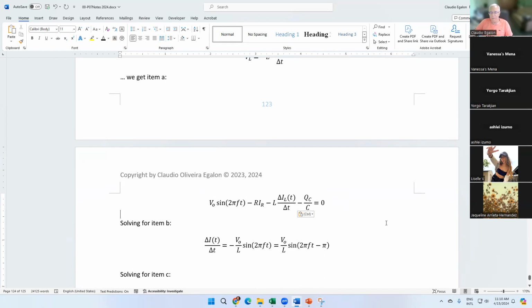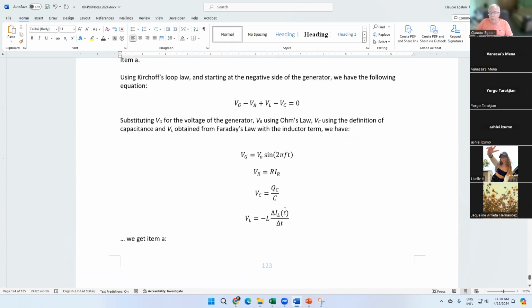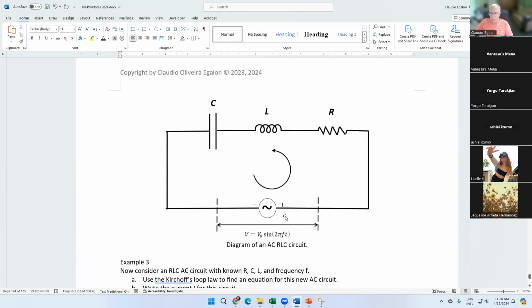So this equation, we have to solve using calculus. There's no doubt about that. That's how we solve this equation. But there is something even more important than that. When we look at this circuit, the current through each of those elements must be the same because it is a circuit in series.